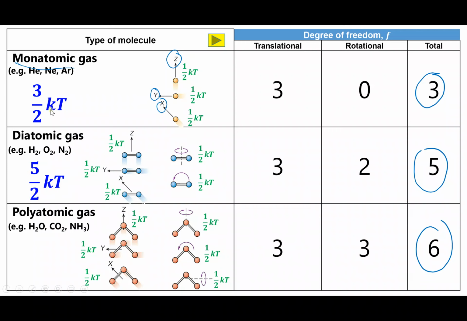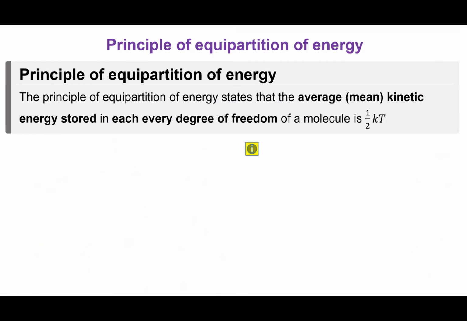So total up you ada 3/2 kT. So kalau diatomic 5/2 kT. Kalau polyatomic you ada 6/2 kT. Okay, so yang membezakan dia yang kat atas ni lah, which is the degree of freedom. That's why I said that the degree of freedom for each of the gas molecules you have to remember 3, 5, 6. Ingatlah mono, di, poly.